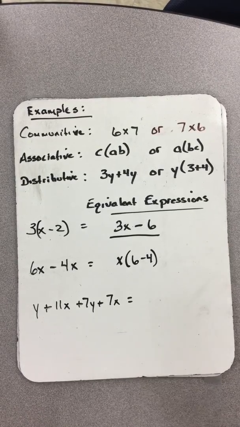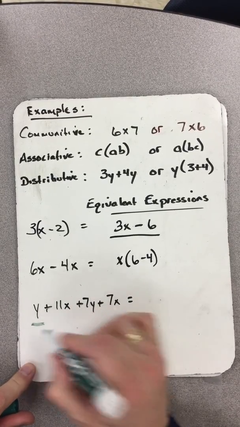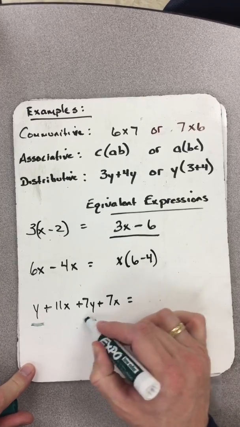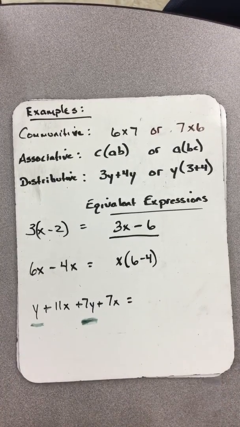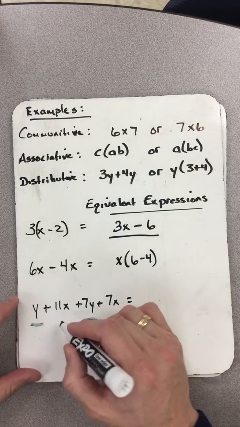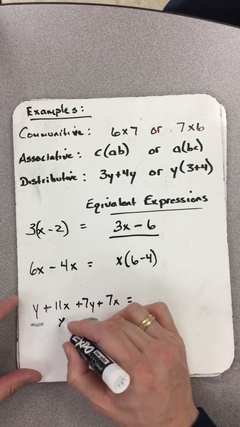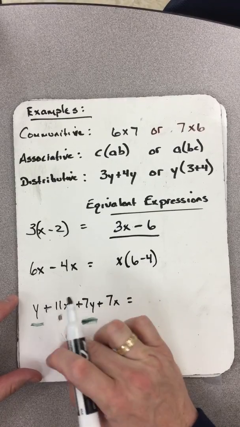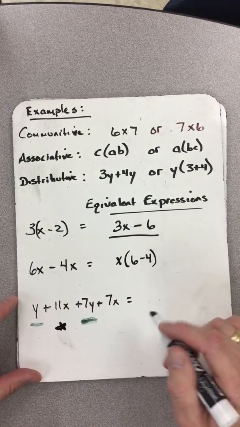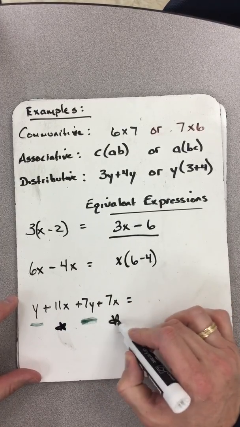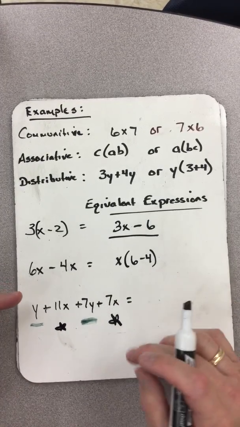Let's go ahead and use some green here. So I've got a y here, and I've got a y here. Looks like my colors are running out. Let's not use an x, let's just use a star. So right here I have 11x, and right here I have 7x. So I'm just going to combine terms that are similar.